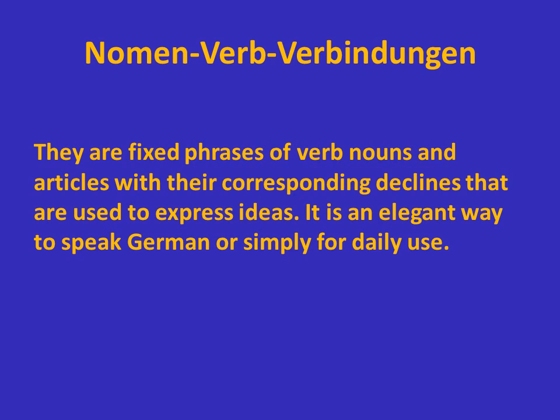So the Nomen-Verb-Verbindungen are fixed phrases of verb, nouns, and the articles with the corresponding declensions that are used to express ideas. It is an elegant way to speak, of course, but it is also used every day. So if you want to understand, you need to learn this, because they do not always mean exactly the words that are used within. So you have to learn what the real meaning is.